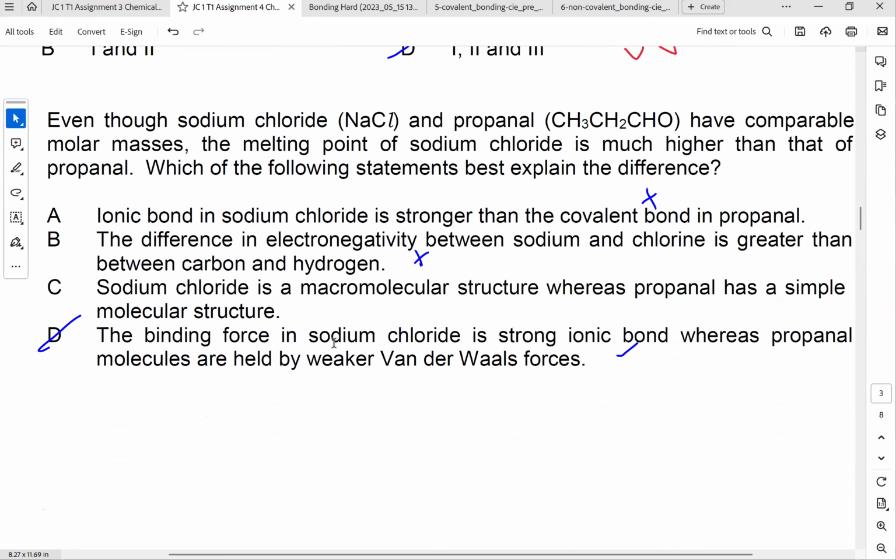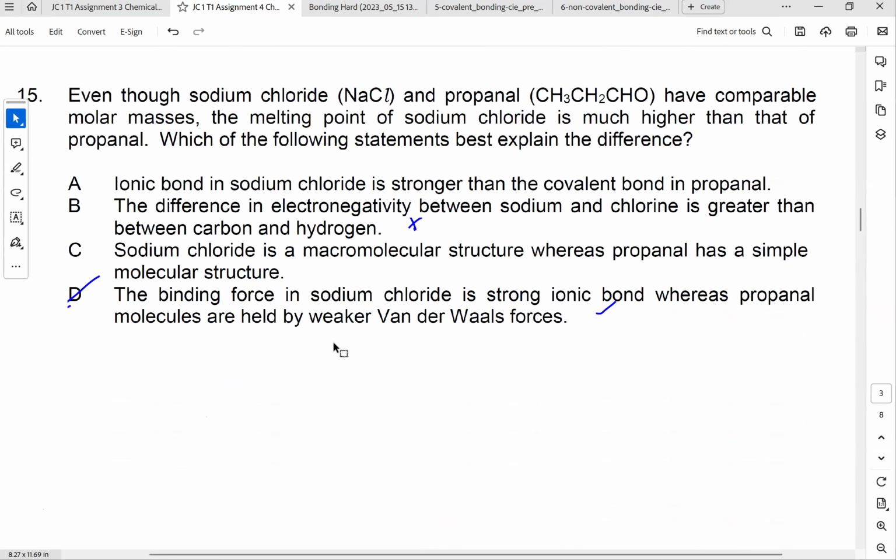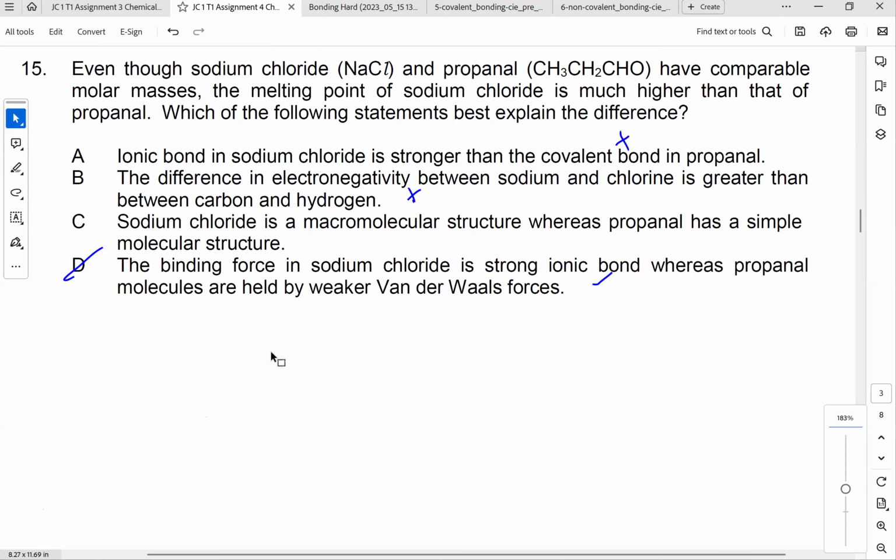15. So A is wrong because ionic bonds and covalent bonds are both strong, but when you melt something with ionic bonding, you overcome the ionic bond itself.